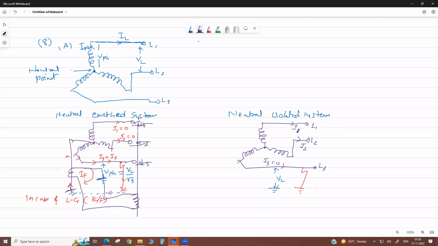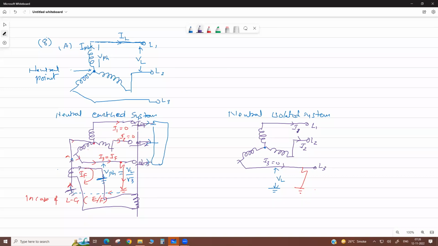In case there is no earth fault, all three phases carry the load and feed the load here. In the normal case it is a balanced system, so all three phases carry the same current, which means no current passes through the neutral. But in an abnormal condition, suppose an earth fault occurs, then very high current passes through the neutral.